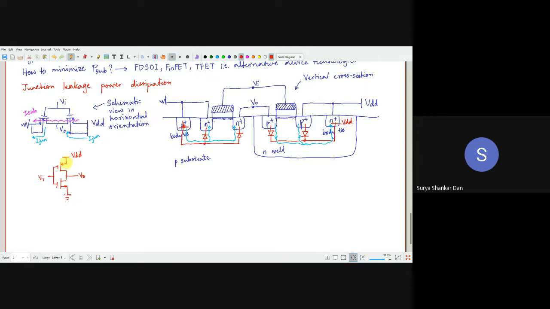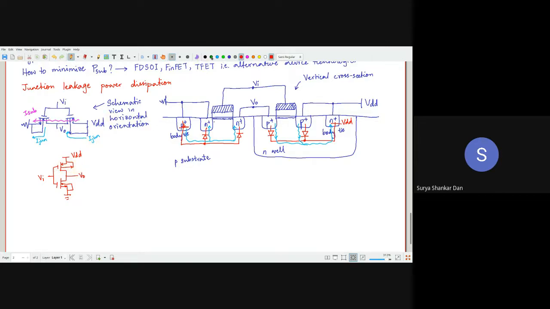One more thing I have added in this: the body and the source are shorted. Okay. So instead of drawing it like this, I simply drew this in a horizontal orientation. Nothing new has been done. Okay.